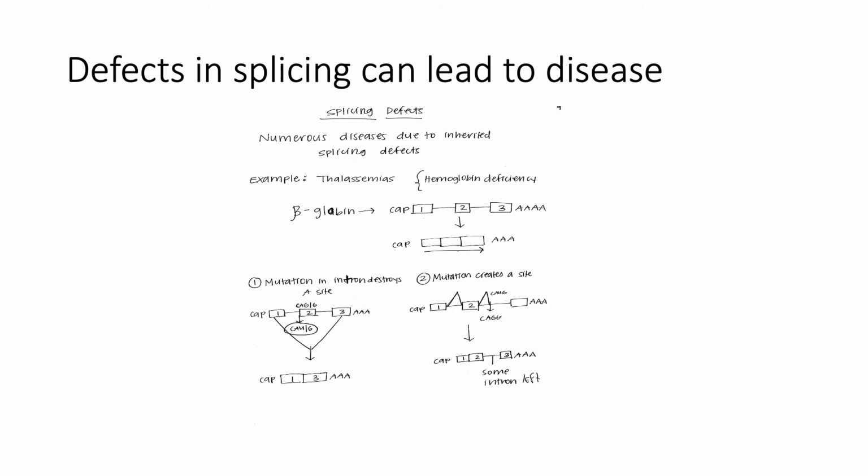It would be CAUG. Just a random sequence in the intron, CAUG. But then there's a random mutation, and what happens then is that U is converted to a G. And now all of a sudden, that looks like a bona fide splice site.